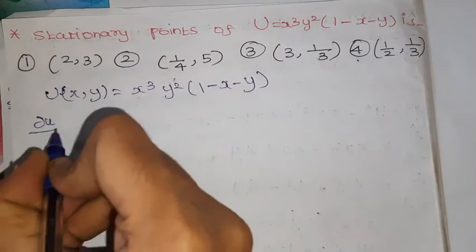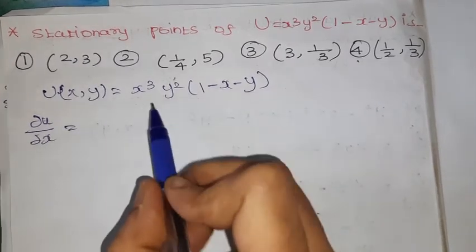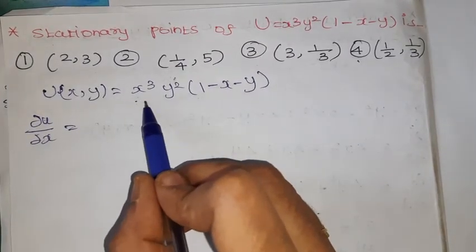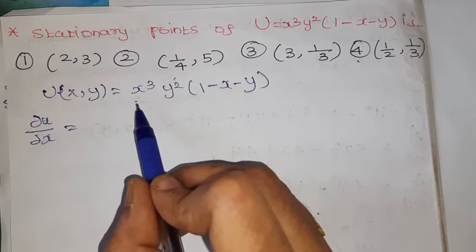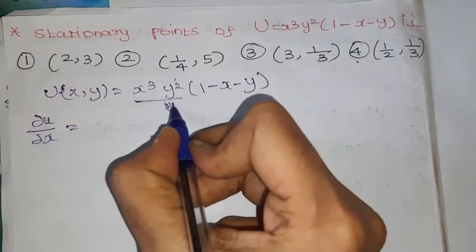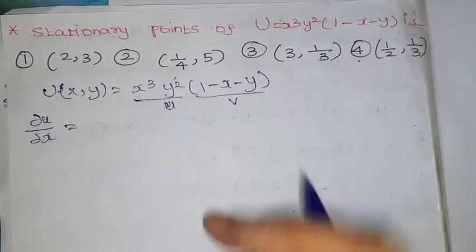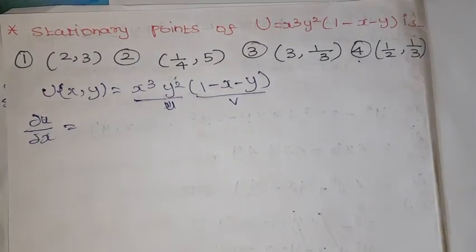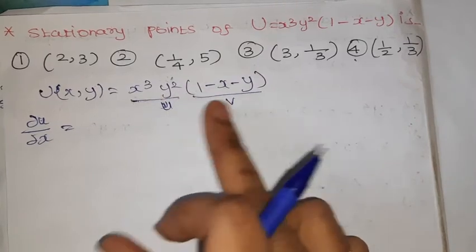First we partially differentiate with respect to x. This is a product, like uv, so we use u dv plus v du, and both are functions of x and y.